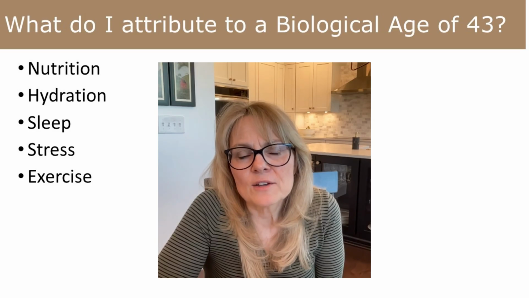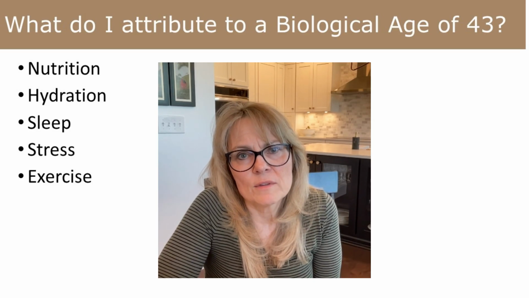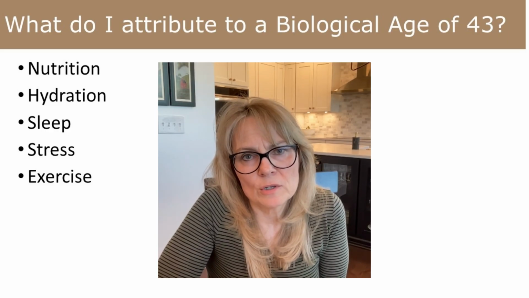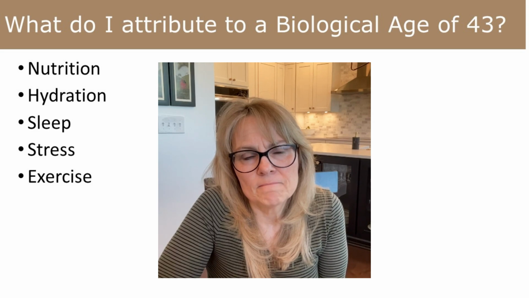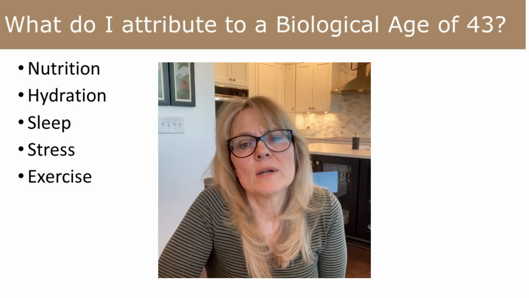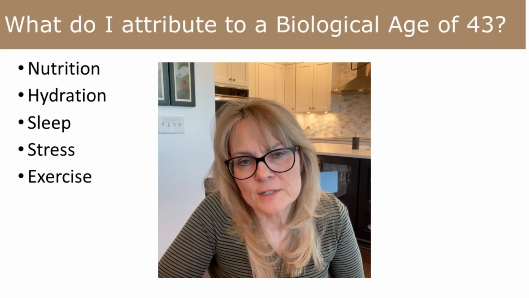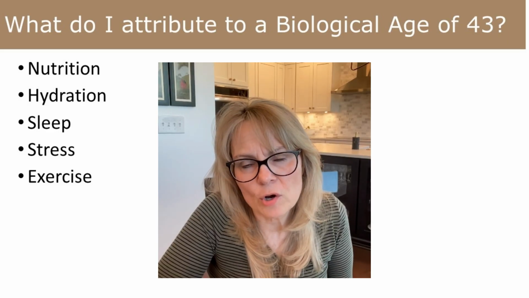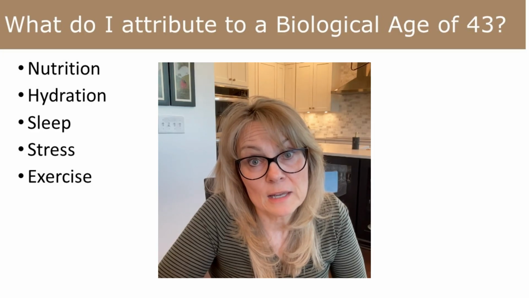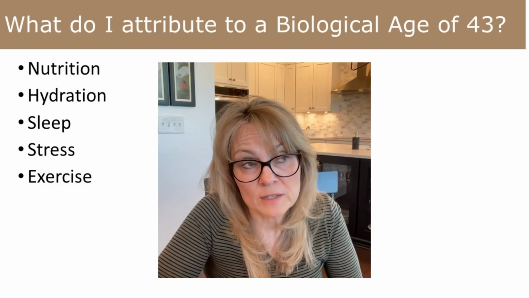And exercise. Now, this is my guess as to how I got the biological age score I did. I have always been good about exercising, in particular running on a treadmill and running hard, and running long distances and really pushing my heart rate up into the peak zone and keeping it there for 30 minutes or more per session.